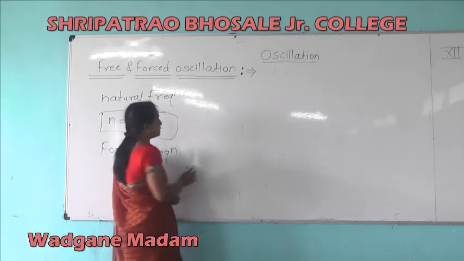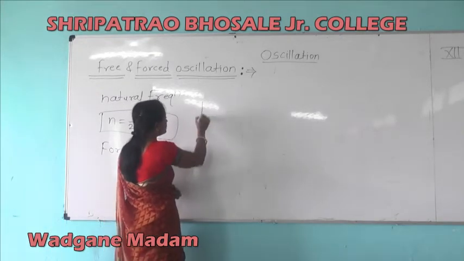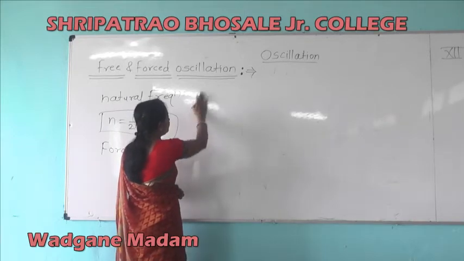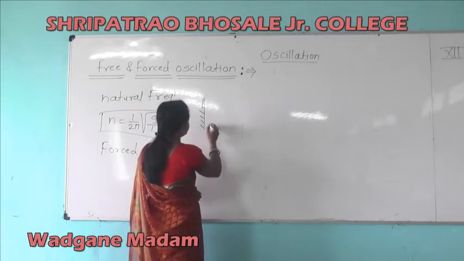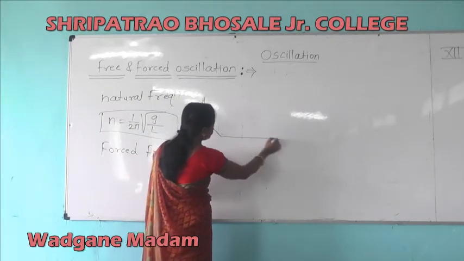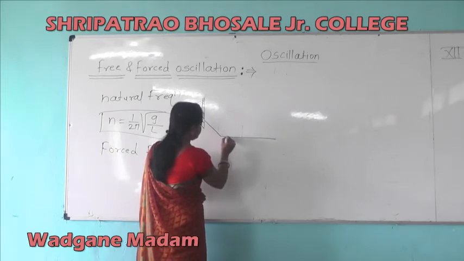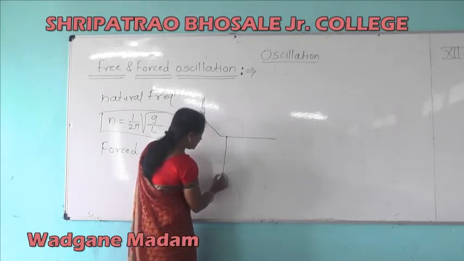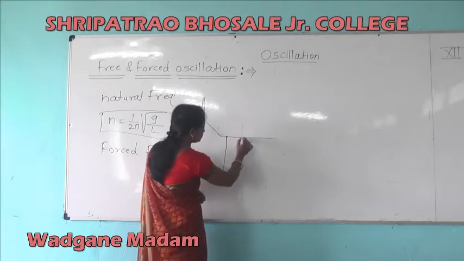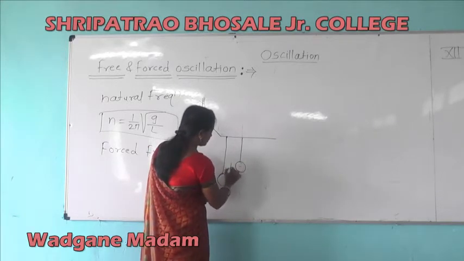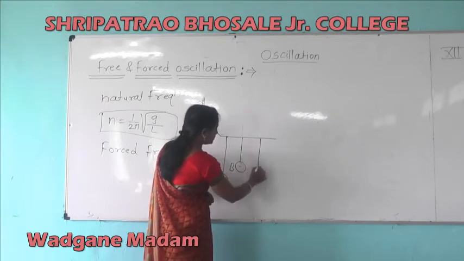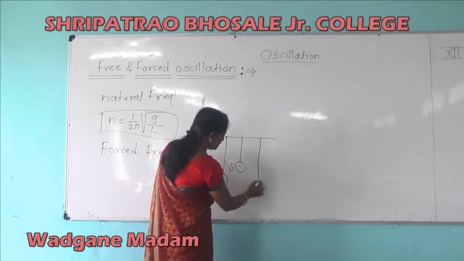For that purpose, let us consider the arrangement of pendulums. Here we draw four pendulums: A pendulum, B pendulum, C pendulum and D pendulum.